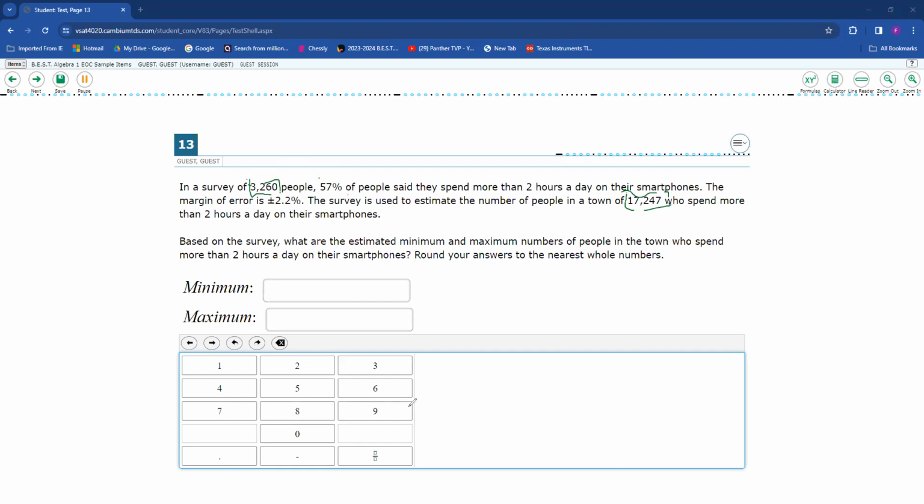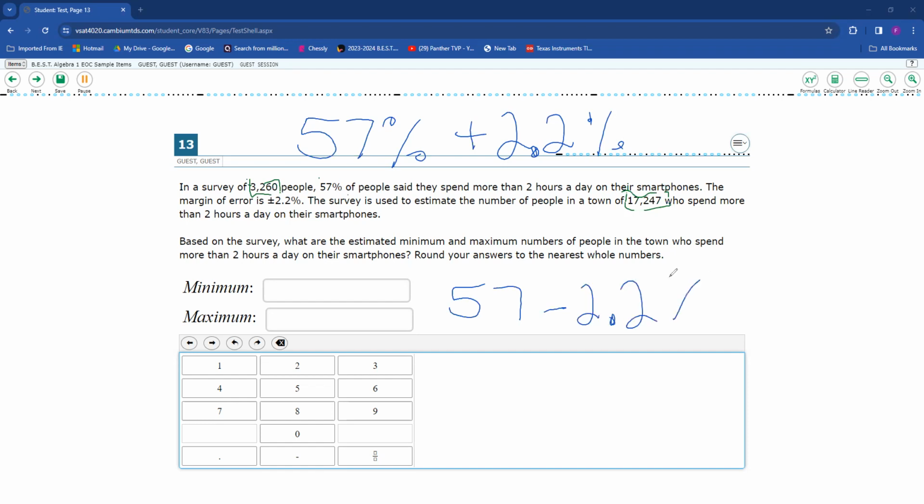The 57% with a margin of error of 2.2%. That means we're gonna add 2.2%, and we're also going to subtract 57 minus 2.2%.